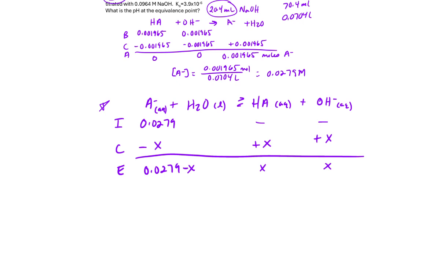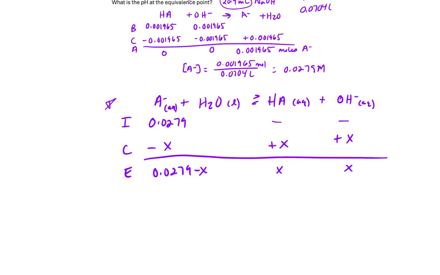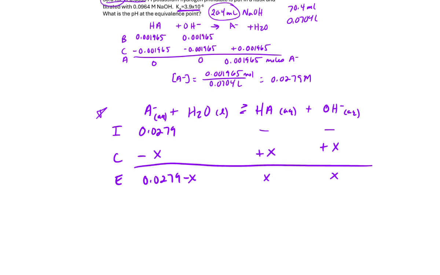Now, this is the conjugate base of HA. In the problem, we were given the Ka for the weak acid. We now have in our reactant side of this equilibrium the conjugate base, so we need to know the Kb for the reaction.